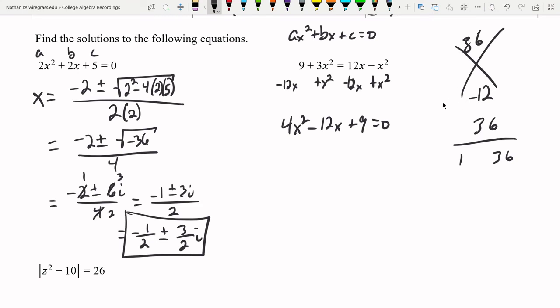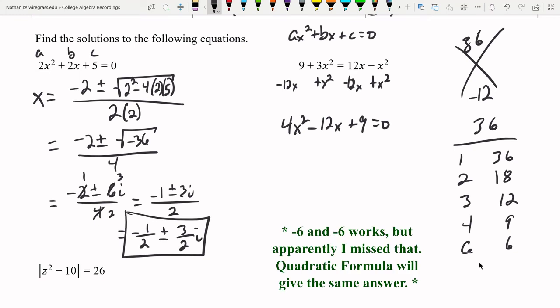It has to be 9 times 4 is 36. 2 and 18. 3 and 12. Of course, that one doesn't work because we need to get 12. And then 4 times 9 gives you 13 when you add them together. Yeah, I don't think anything works. 6 times 6, and that'd be 9 times 4. So nothing works here. Let's go ahead and try the quadratic formula.